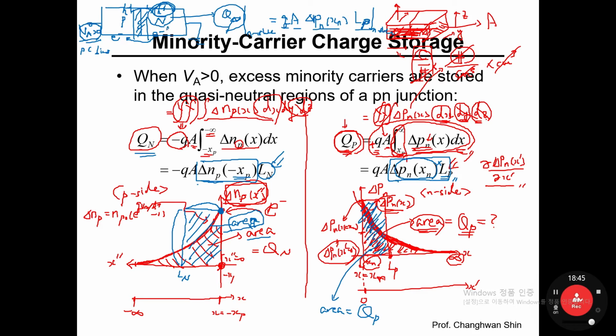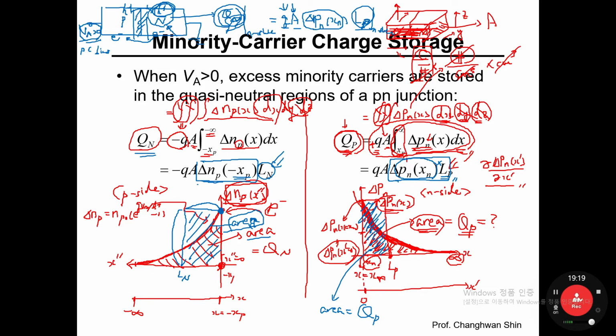In this case, because we're talking about the n side, the hole minority carrier can be stored in the n side, and the total amount of hole charge in the n-side quasi-neutral region can be estimated using initial value times diffusion length, cross-sectional area, and unit charge. So please remember these are simple equations to estimate how much minority carriers can be stored in the quasi-neutral regions.